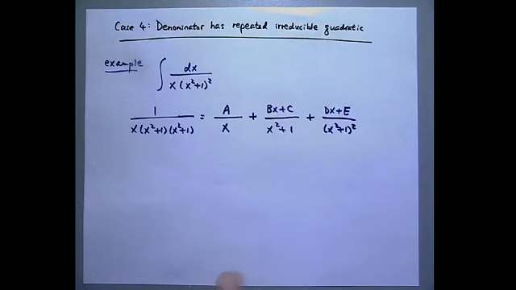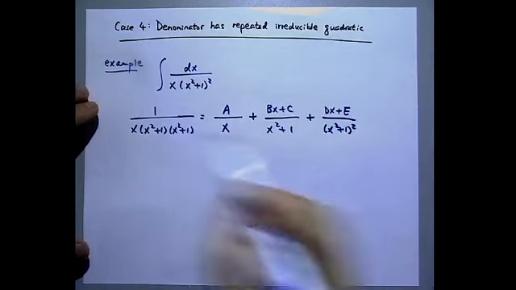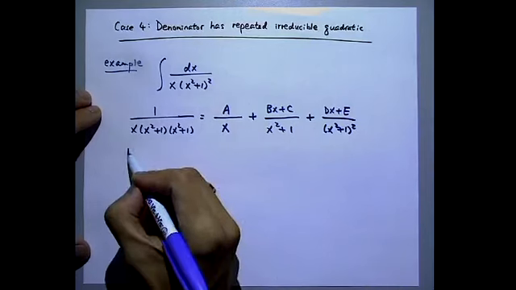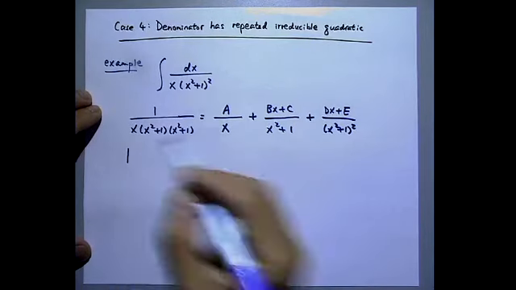Now, this is going to get a little bit complicated when we solve for the constants. So let's take this slowly. 1. Okay, not that slow.